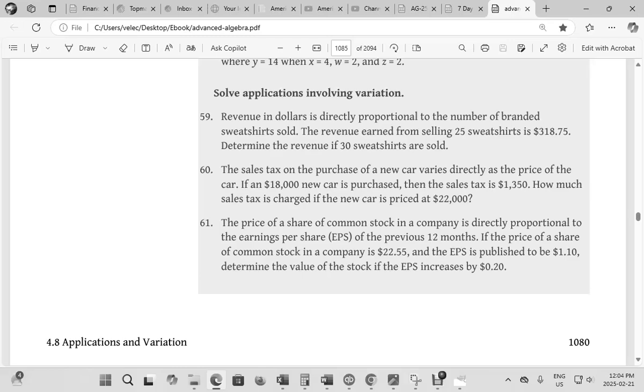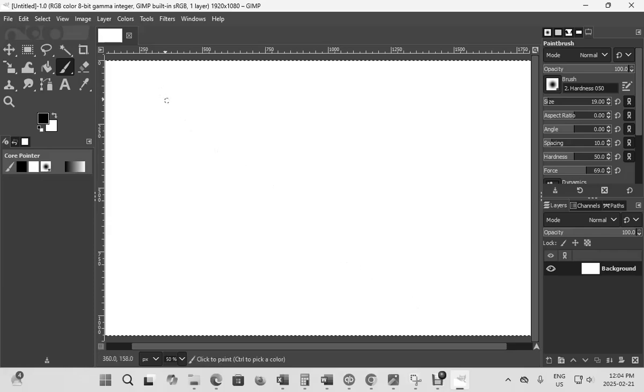When it comes to an equation, this will be pretty much like your slope and y-intercept equation, such as y equals mx plus b. So we'll write this in the equation format. In this case, this will be y equals kx for a direct proportion.